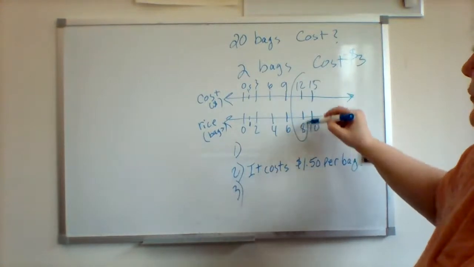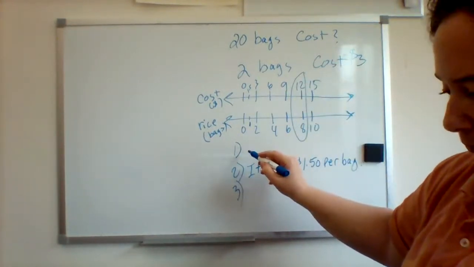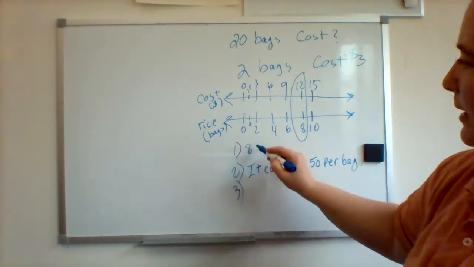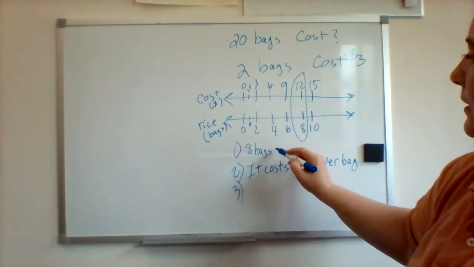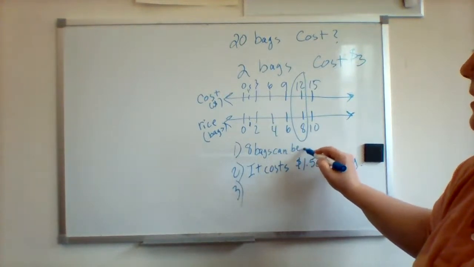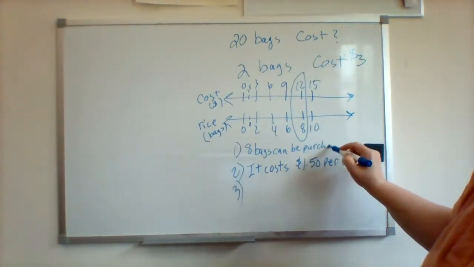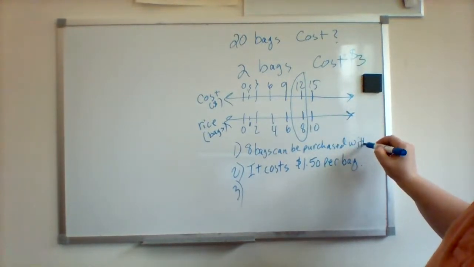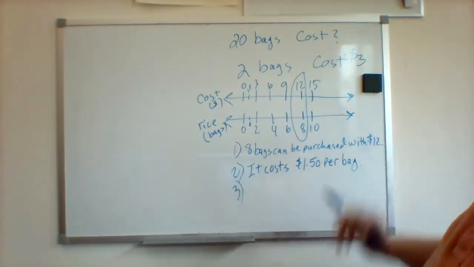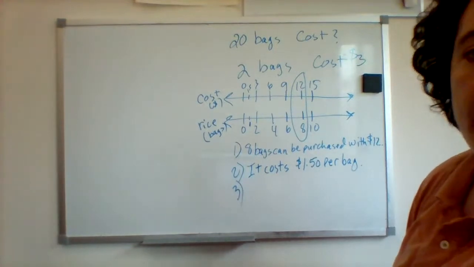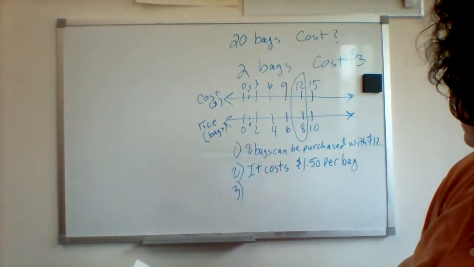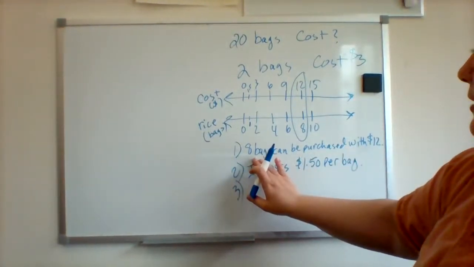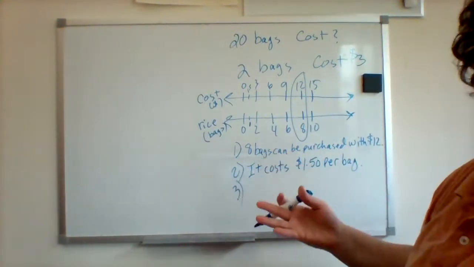How much can I buy for $12? 8 bags can be purchased with $12. Complete sentence. And if we accurately represent it, 8 bags of rice would be even better.